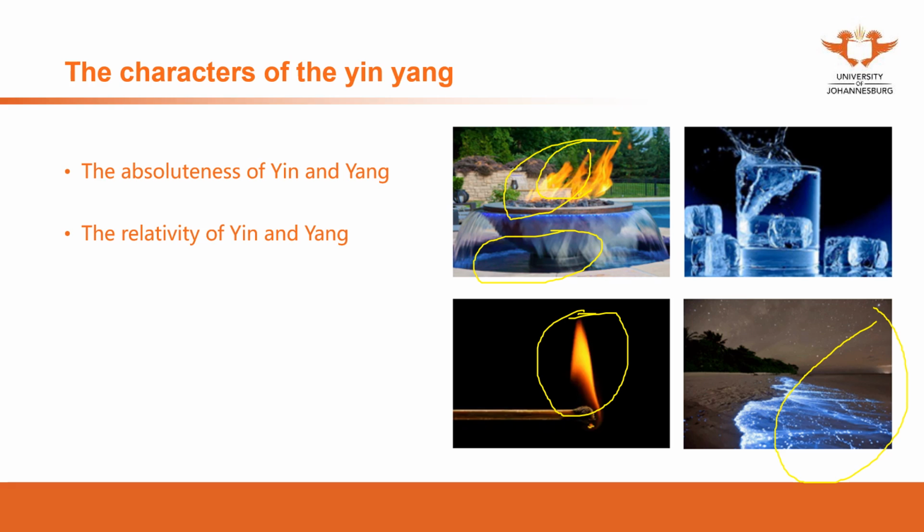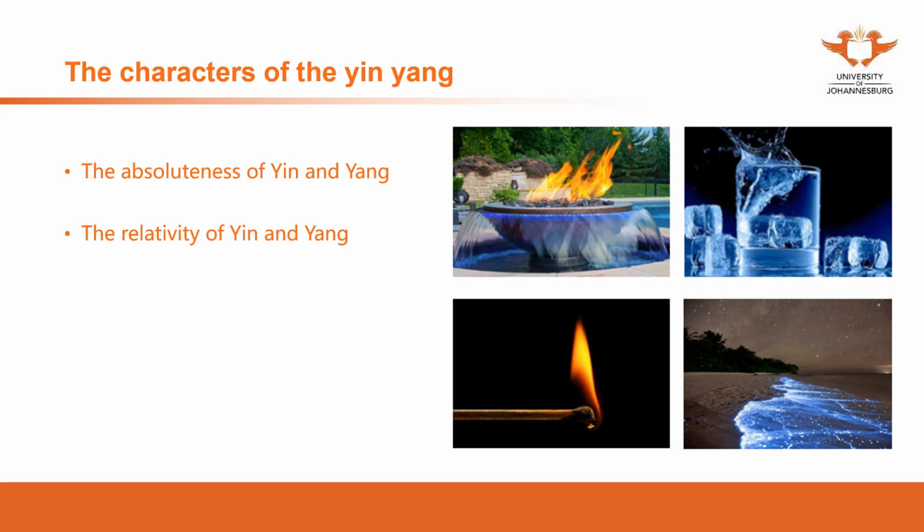So from this point of view, it seems that Yin and Yang, once they have been defined, are absolutely different. So the absoluteness of Yin and Yang, once it has been defined, will never change. Yin is Yin, Yang is Yang. So it seems that there's a clear line between Yin and Yang. That's the absoluteness of Yin and Yang.